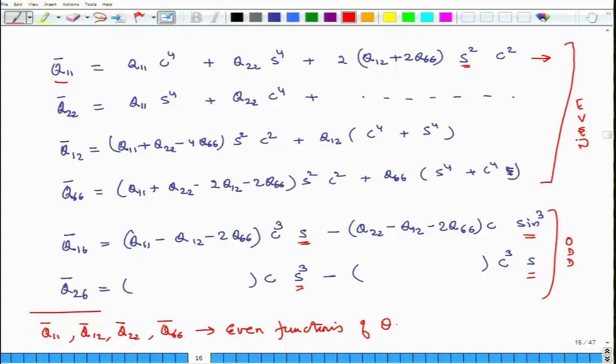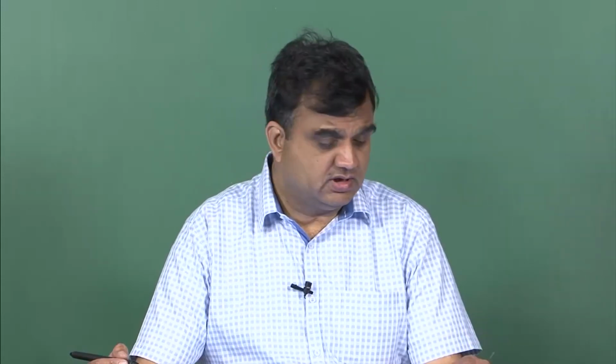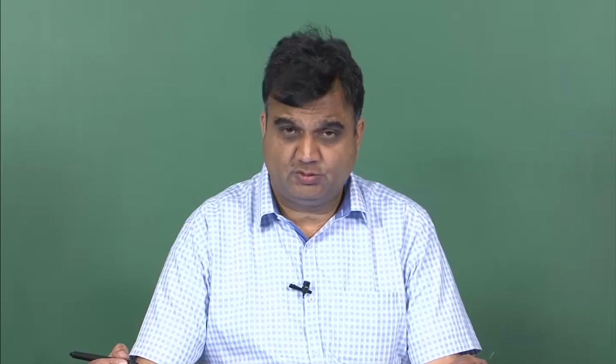This is the conclusion of our discussion for the Q matrix. Similarly, we can also calculate elements of the S matrix, but at least for today's class this would suffice. We will continue this discussion tomorrow also, and till then you have a wonderful evening, and we will meet once again tomorrow. Thank you.